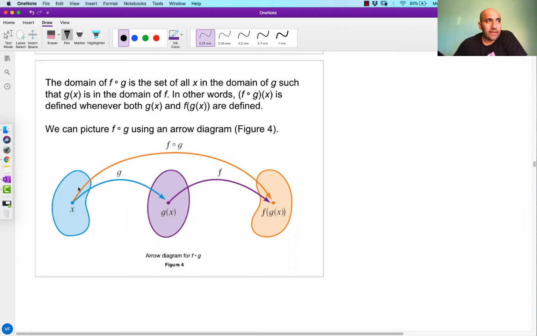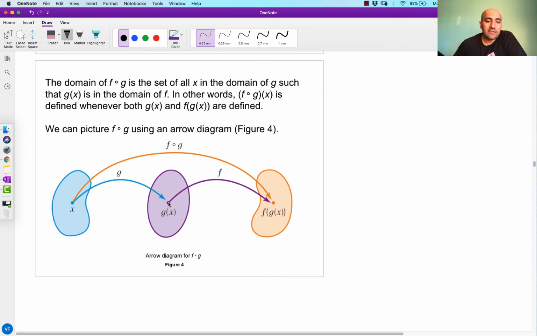I can't start off my trip in a city where Delta doesn't operate. It's not in the domain of the output flights of Delta. So I have to start off in one of the cities, not necessarily all of them though, so I start off at a city that Delta takes off from, and then I land obviously in a city that Delta lands in.